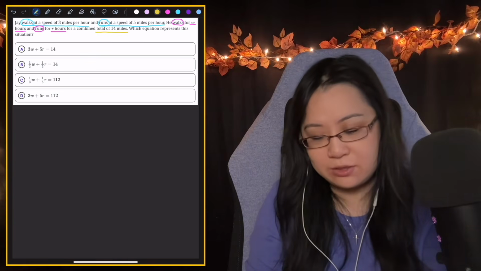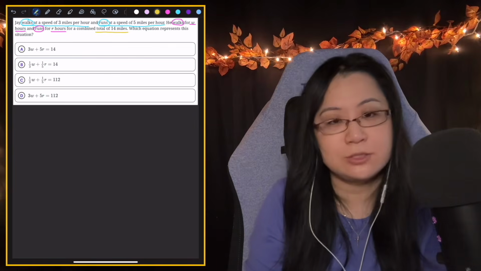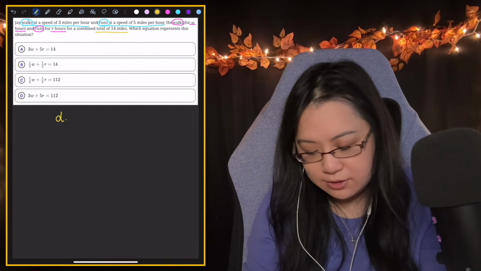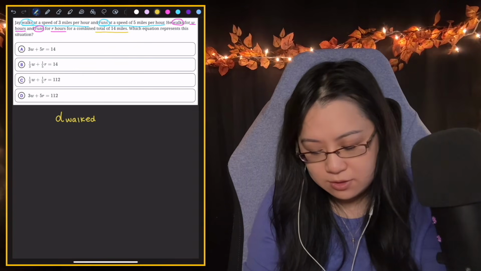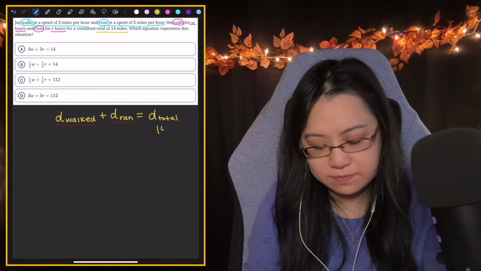So that looks to me like we want to represent everything in terms of distance. So basically, distance walked plus whatever the distance he ran should equal total distance, which is 14 miles.